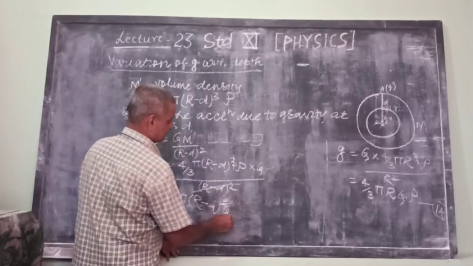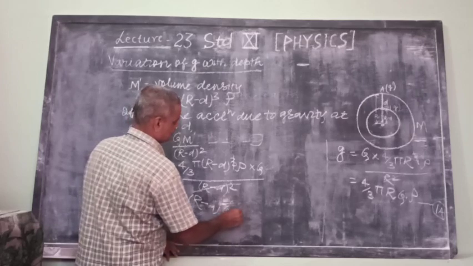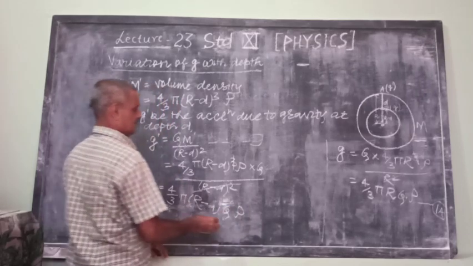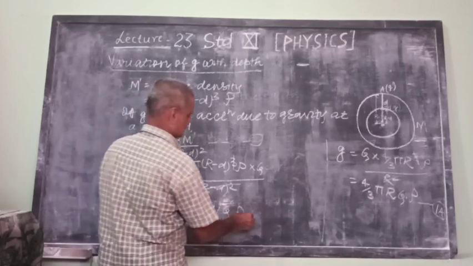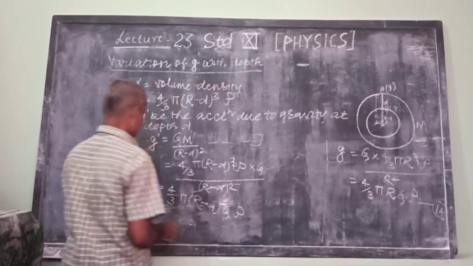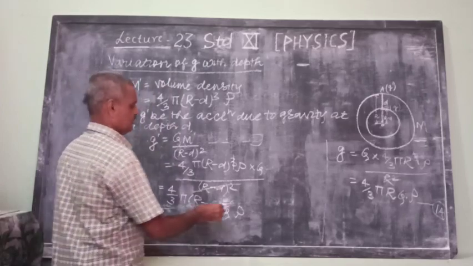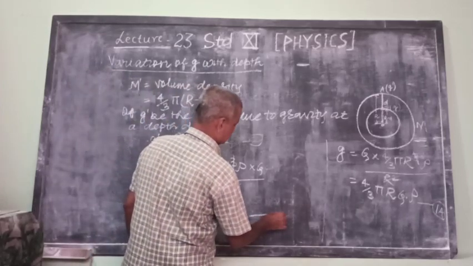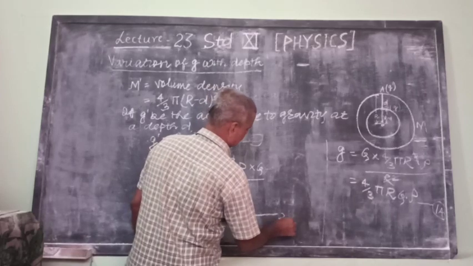If you desire, you can write g into rho also. This is the value of g dash, and suppose this is your equation number 2a.